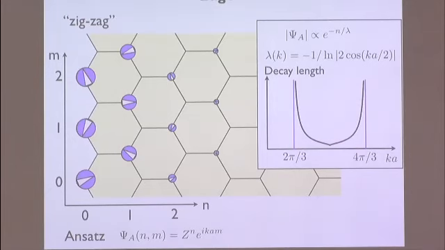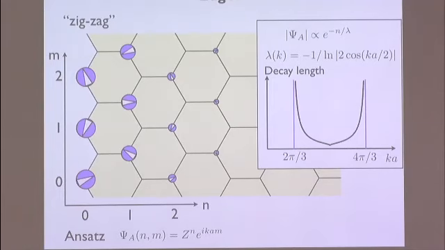This ansatz works, gives you 0 energy, and it gives wave functions whose magnitude really decays exponentially as I go towards the interior. Now, the interesting question you can ask is, how does this scale of decay depend on parameters? So, in particular, how does lambda, the decay length, depend on the k that I prescribe?